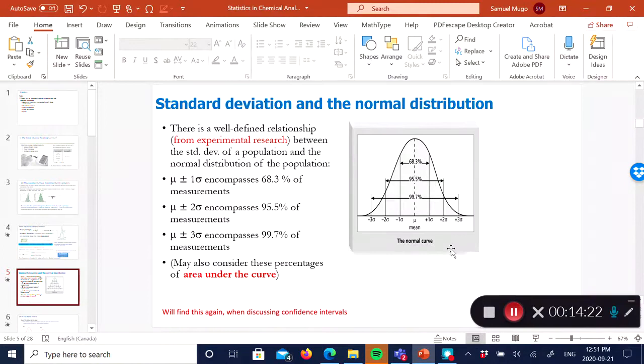And so if you're looking for the confidence level or the confidence interval, or where my true value lies, that's the purpose of doing confidence intervals. Sometimes we use these plus minus 1 sigma and so forth.